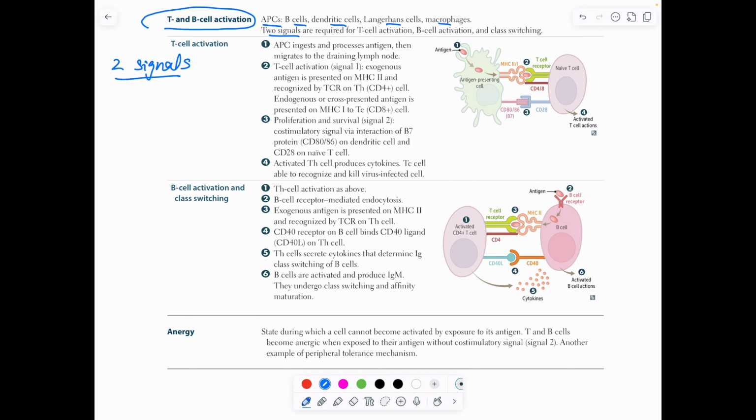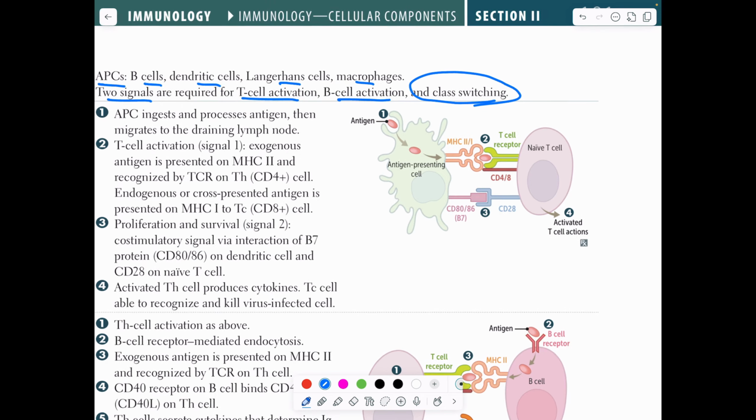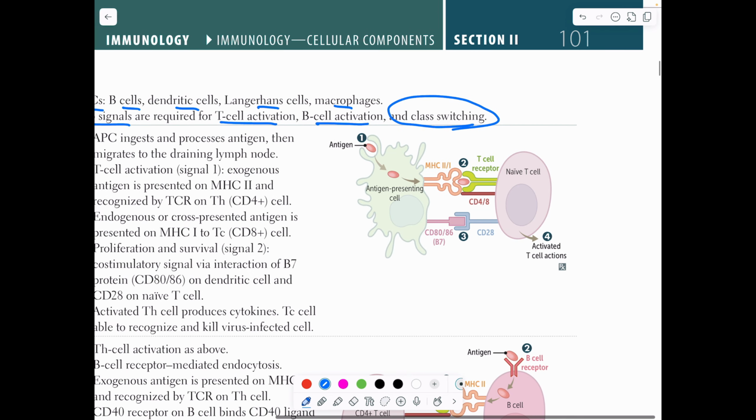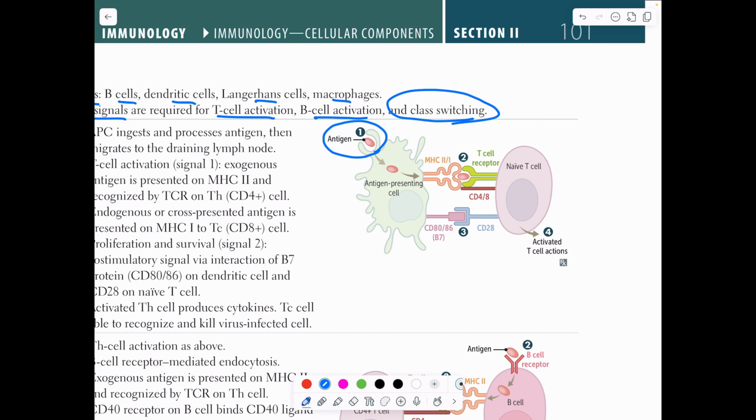Two signals are required for T cell activation and B cell activation and class switching. So first you have to learn about T cell activation. Which two signals are going to activate the T cell? For example, in the diagram they already explained: first, the antigen comes via the antigen presenting cell.